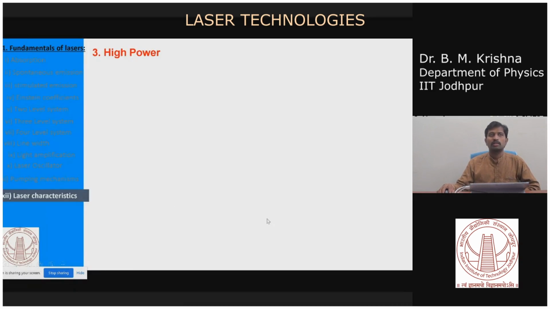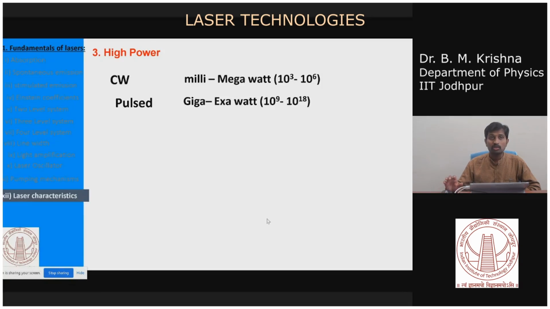Now another laser characteristic is very high power. We already discussed CW lasers and pulsed lasers. CW lasers can give milliwatt to megawatt powers, and pulsed lasers can give giga to hexawatt. Now you see how much power you are able to generate using laser systems. Even with CW lasers you get a megawatt, that is 10 power 6 watts.